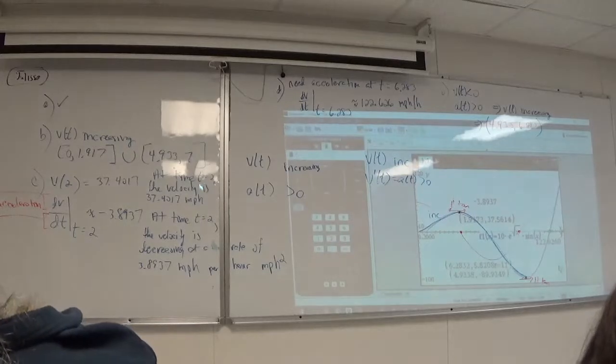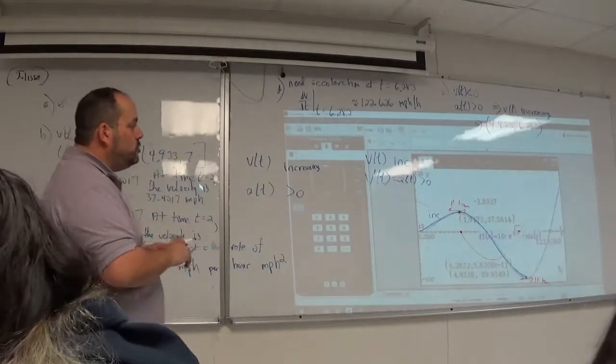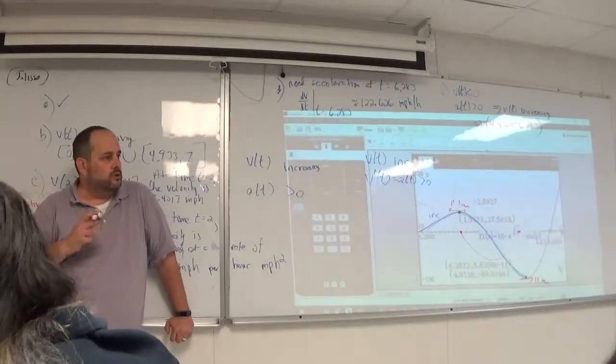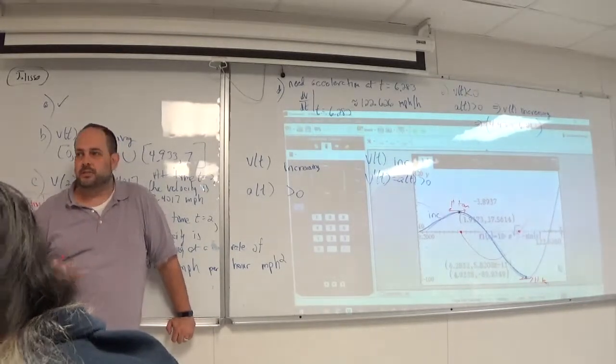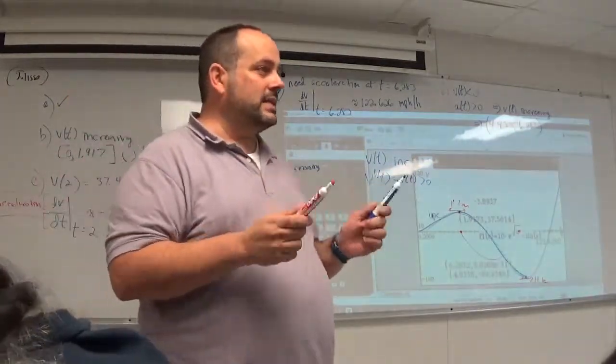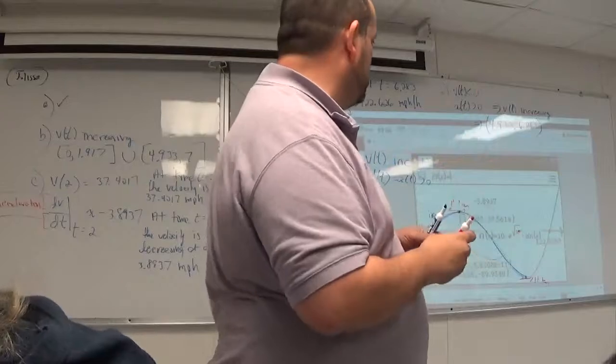And if you want to compare your sketch to the real acceleration graph, we know how to do that too. This is what you guys were trying to tell me to do earlier. How do you figure out what the acceleration graph looks like, Sylvia?